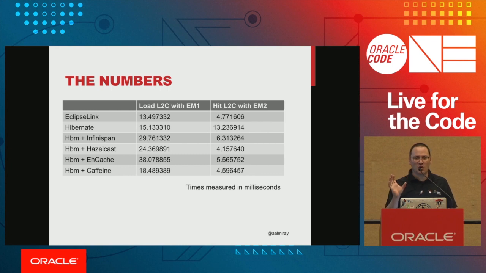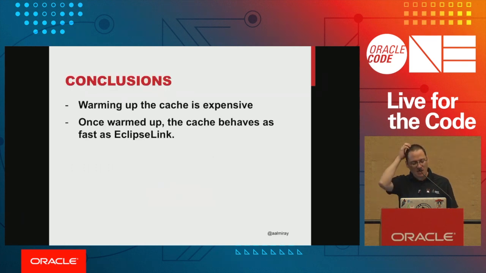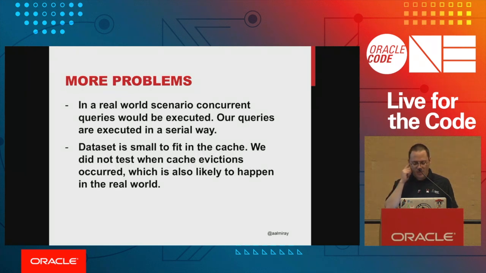Again, this was with a small data set, just 6,000 entities. So, all right, not so bad. We can see that warming up the cache is expensive in all of them. But once warm, almost all of them, except for plain Hibernate, behave quite like EclipseLink. But then we have more problems.